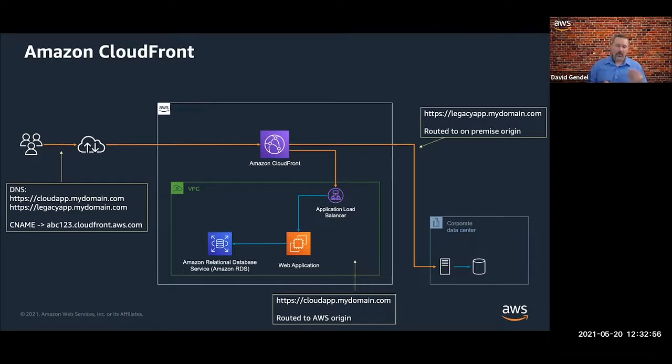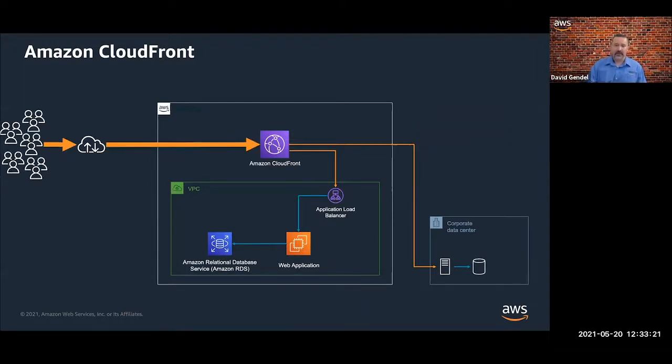When a user requests an object at that particular edge location, CloudFront will look and see, do I have this already cached? If so, it will serve that content. If not, it will reach back to the origin, fetch the content, cache it, and then serve it. So just so everyone understands, because there are different types of CDNs. And that's one of the ways that we keep costs very low.